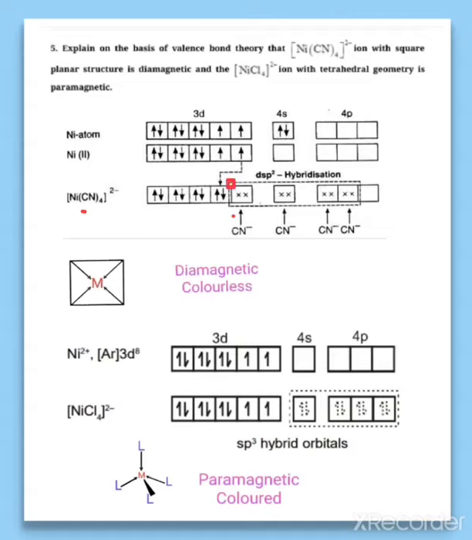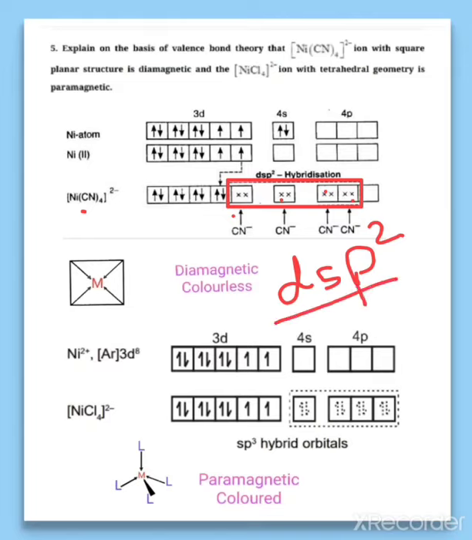So that 3d orbital, one s orbital and 2 p orbitals undergo intermixing. So the hybridization here is one inner d orbital, one s orbital and 2 p orbitals undergoing intermixing. That means it is undergoing hybridization, so the hybridization is dsp2.